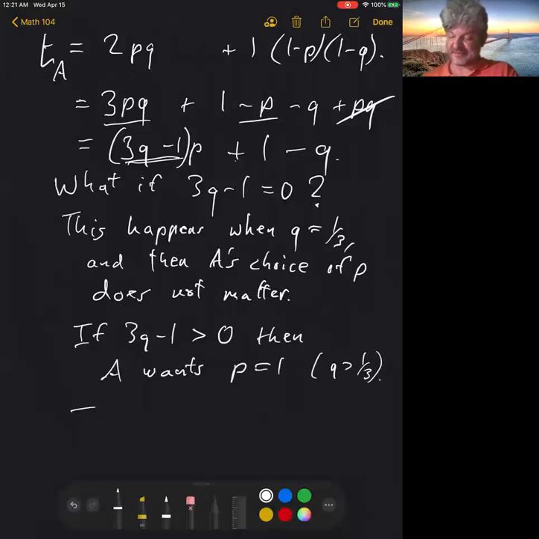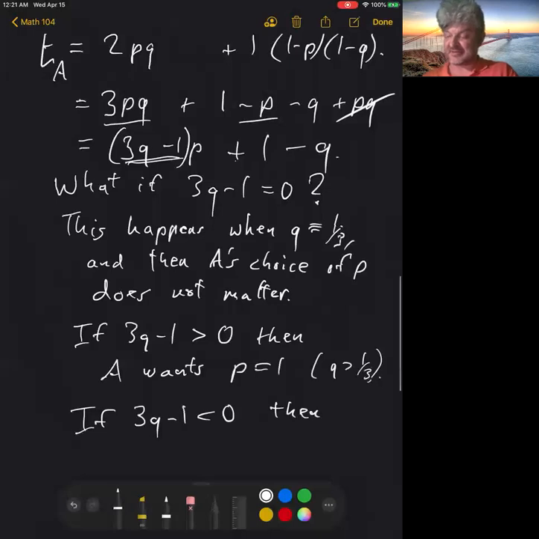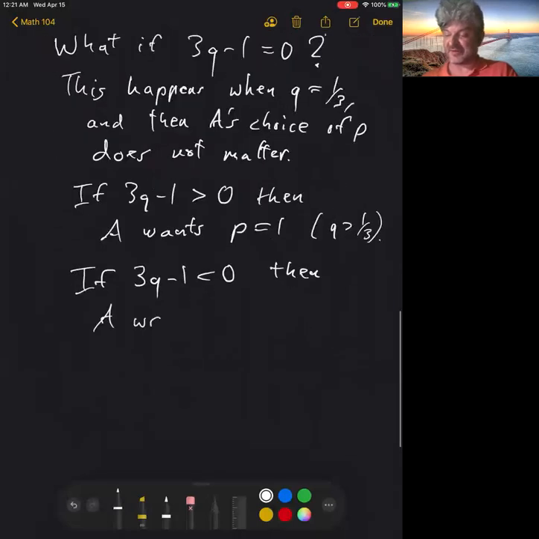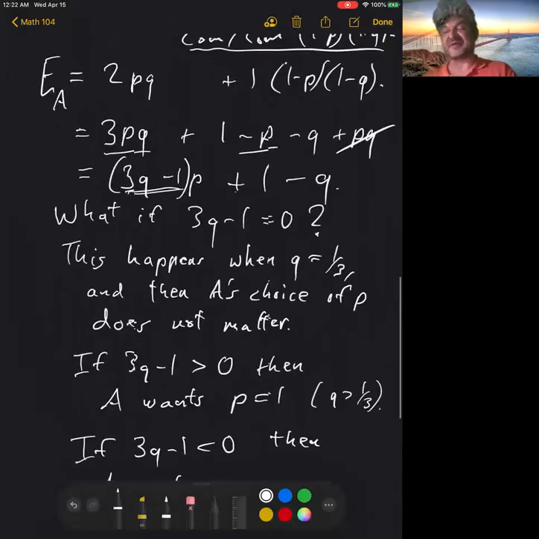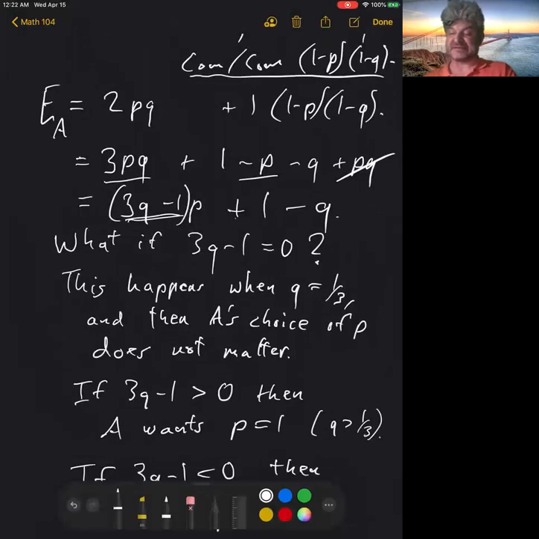And the last one, if 3q minus 1 is less than 0, then A wants to choose P as 0, because the P in their expected value gets multiplied by a negative number, and that means A just wants to limit the damage, minimize the damage here, so make that P as small as possible, and you can't have negative probabilities, so the smallest value you can choose is 0.